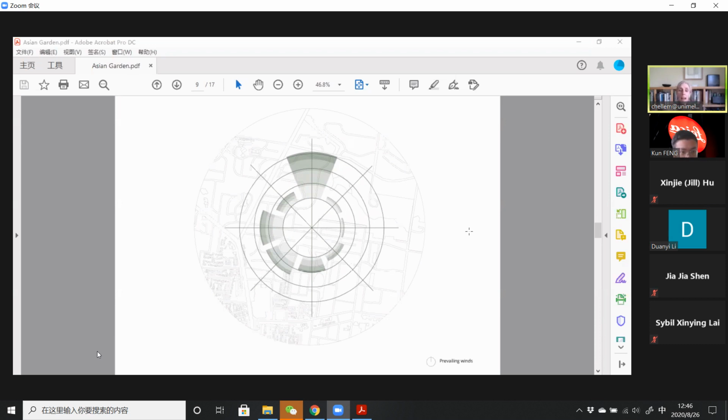In regard to this slide here, there's no information on it other than that you've said prevailing winds. So we need to be able to understand this as an image.